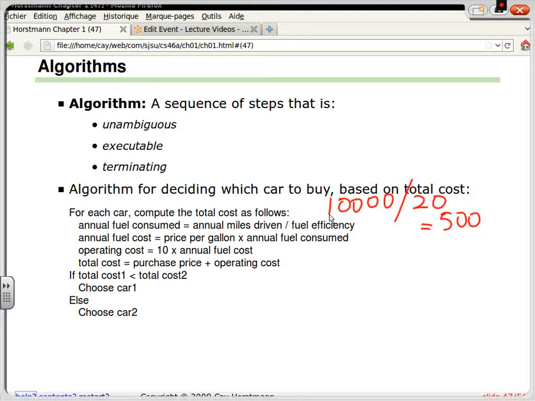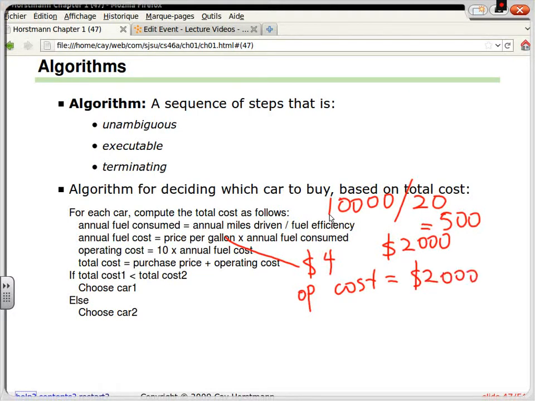Of course, I have to come up with some estimate because I can't foresee the future. I don't know what gas is going to be costing, but let's say it's going to cost me $4 per gallon. So then the cost for that would be $2,000. So yeah, I'm going to assume that the price per gallon is $4. So then the operating cost would be 10 times that. So that would be $20,000.